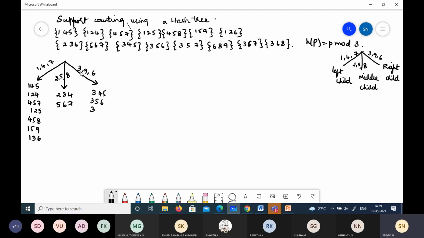Because the starting digit of these candidate sets is 3, 6 and 3 again. So we have all these under 6, 8, 9, 3, 6, 7 and 3, 6, 8.